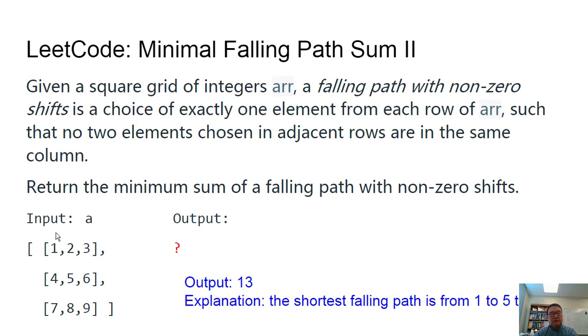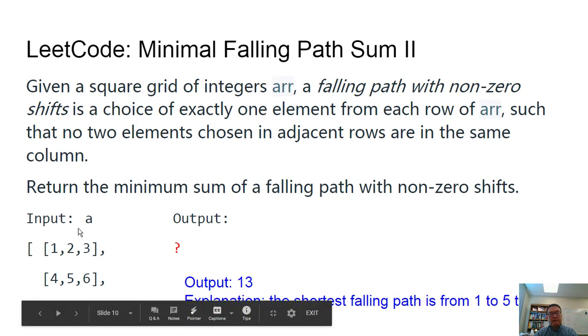Of course, the minimum path ending at the second row has a sum of 5, so 1 plus 4. However, that's not enough information for me to figure out the answer for the third row, because I need to know where that path ends in order to determine whether I can use it. In this case, the path ends at 4.